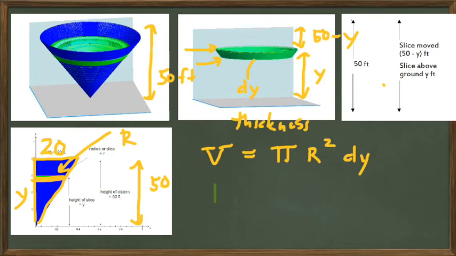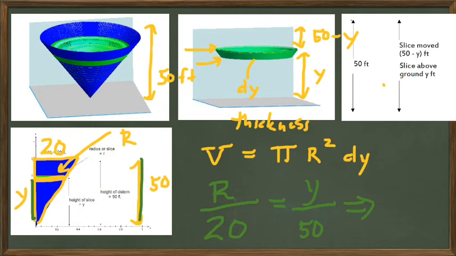Let's put r, not the radius, but this leg right here of the enclosed triangle, is to the radius of the entire cistern, 20, as the y, the height right here, is to the entire height of the cistern, which is 50. That setup of similar triangles, corresponding sides of similar triangles, are proportional, right?